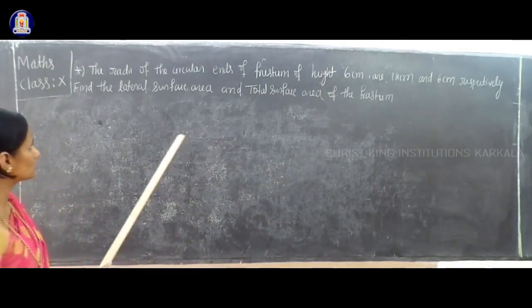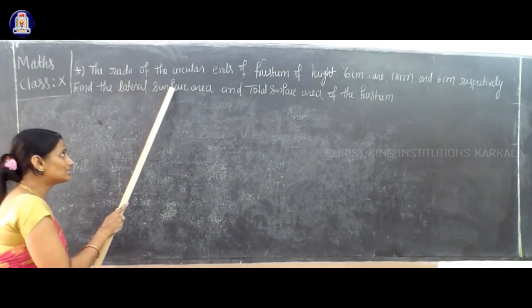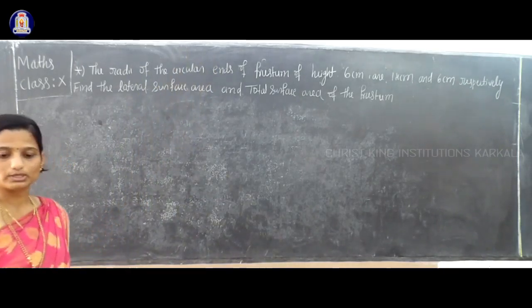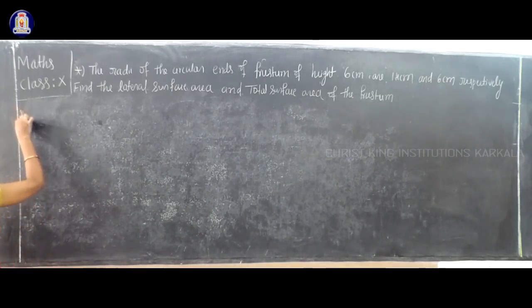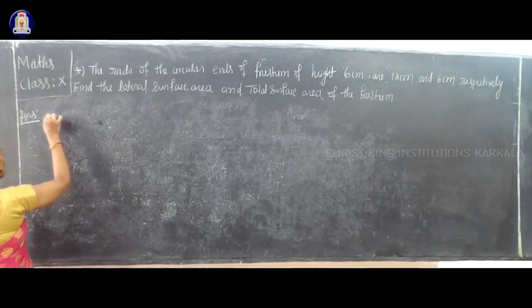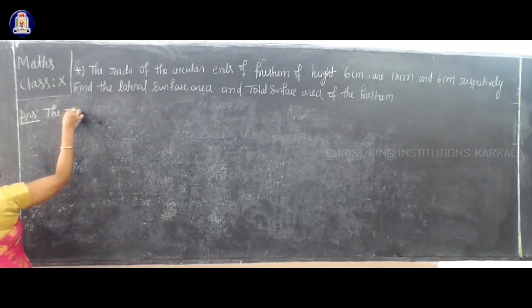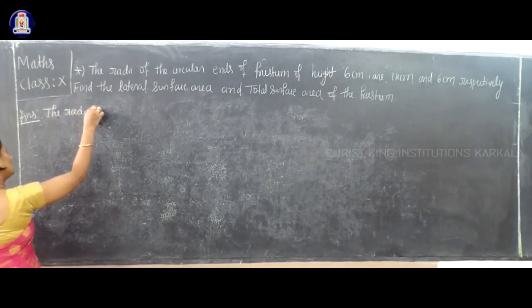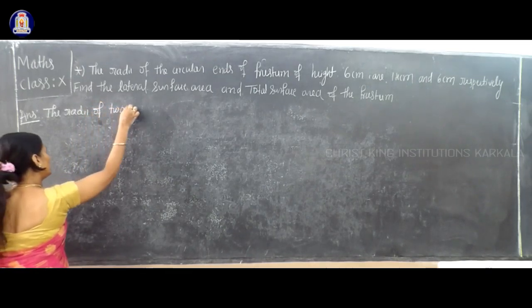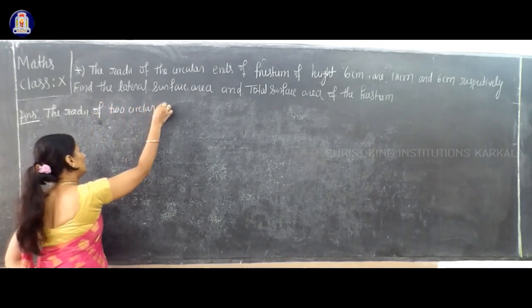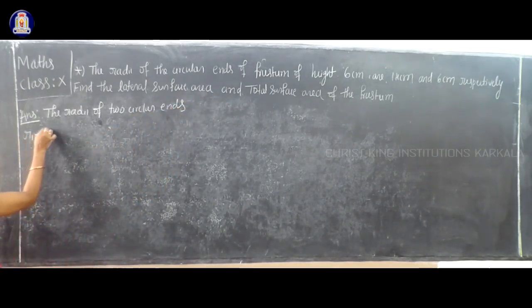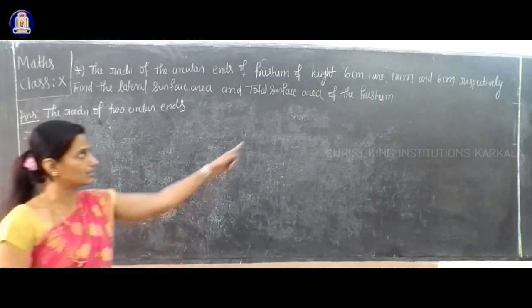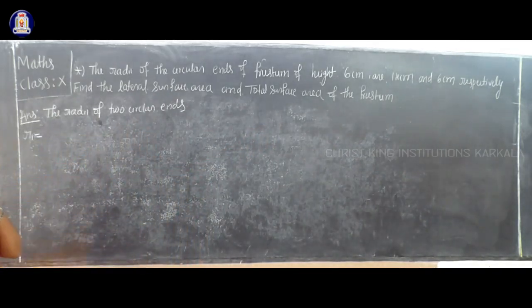So here it is mentioned what is to find: lateral surface area and total surface area. So first I will write what is given. Given the radii of two circular ends, that is R1 is equal to what? 14 centimeter. Correct, no? R1 is not 6 centimeter.